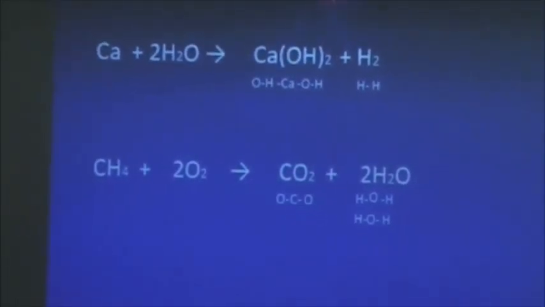This equation is now balanced. Reactants to products. We will try one together.